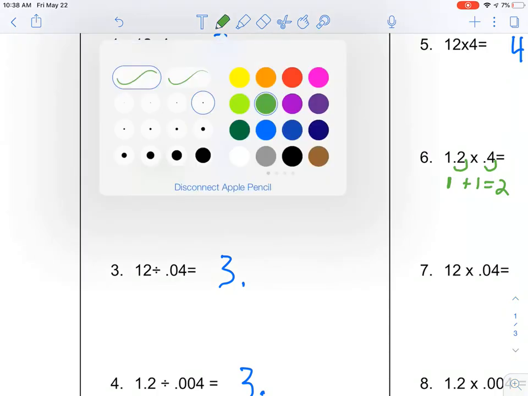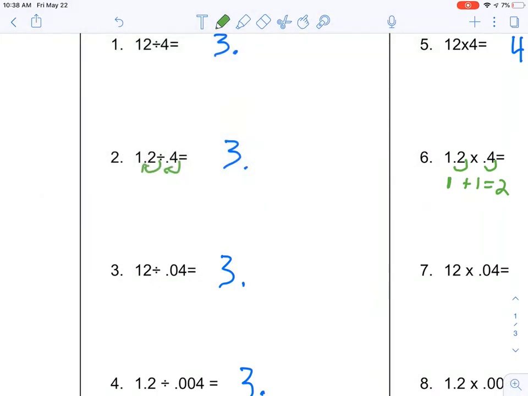So instead of adding 1 plus 1, we will do 1 minus 1. And 1 minus 1 equals 0. So what does that mean? It means the decimal does not move at all. The decimal will just stay right where it is. So that means our answer is just going to be 3.